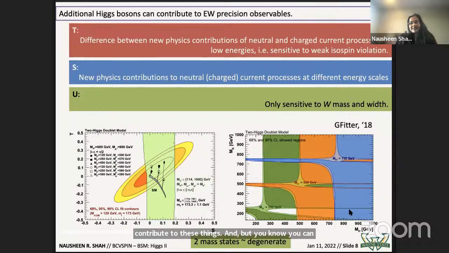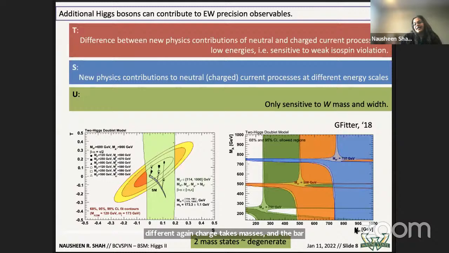On the right plot is the similar thing: these are all these different parameters, what is the best fit, where are you allowed to live in the mass planes of these additional Higgses, and basically the colors show you where you're allowed to live for different charged Higgs masses.